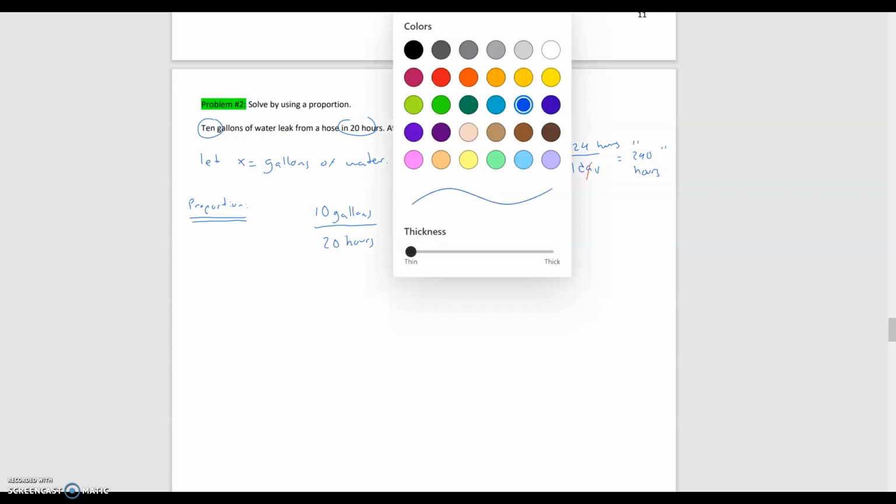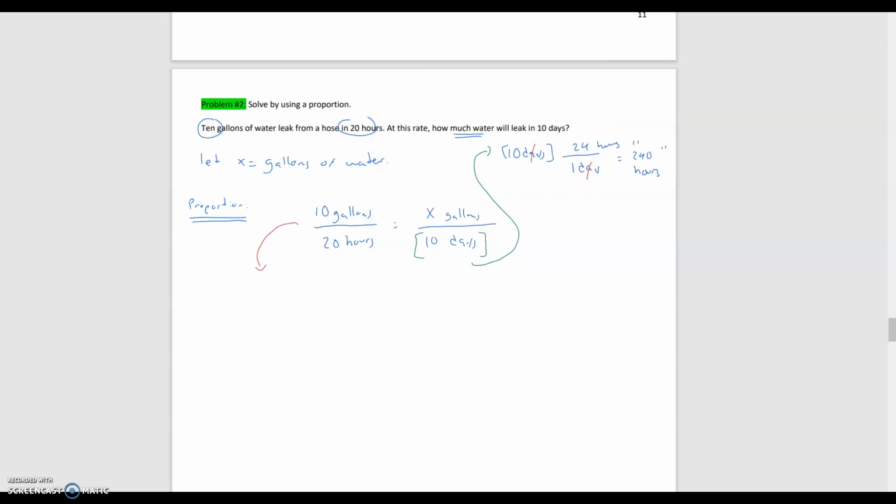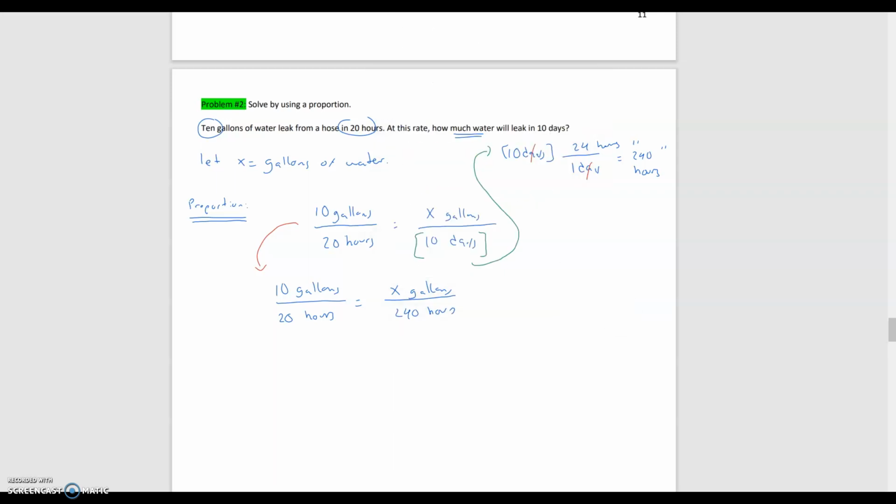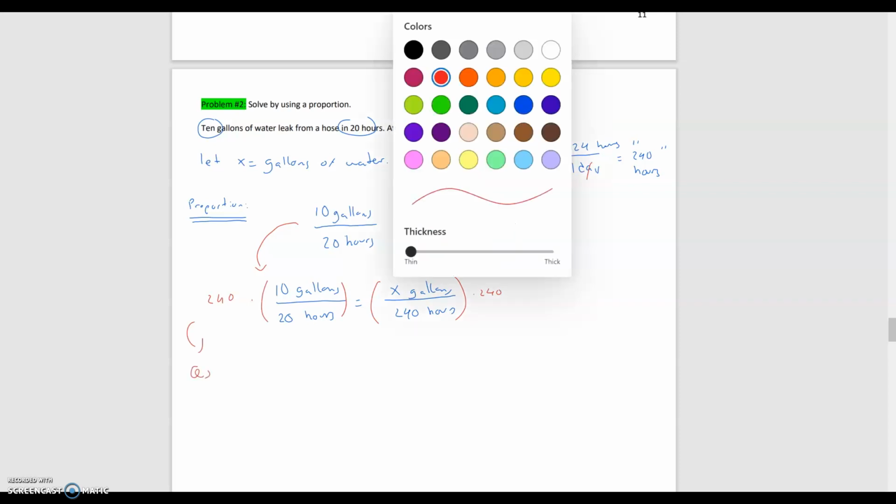Okay, so let me rewrite the proportion. In this case, we're rewriting 10 gallons over 20 hours. This is equivalent to X gallons over 240 hours. And at this point, to solve this proportion, let me multiply by 240. And let me flip it so we have the variable first.